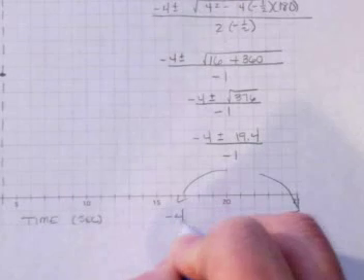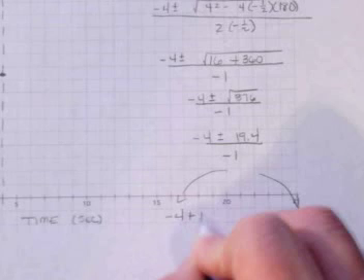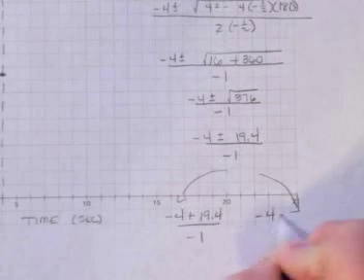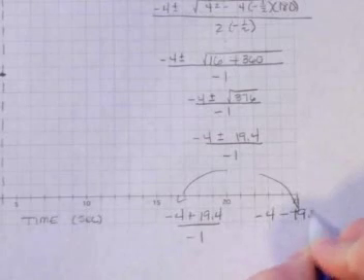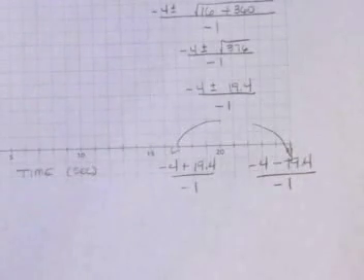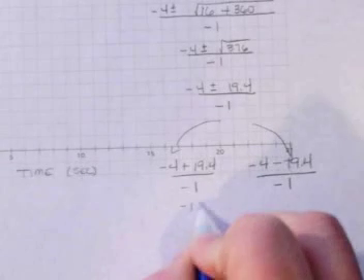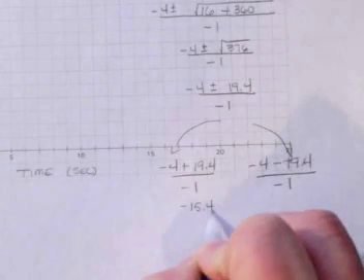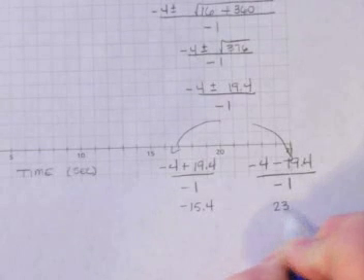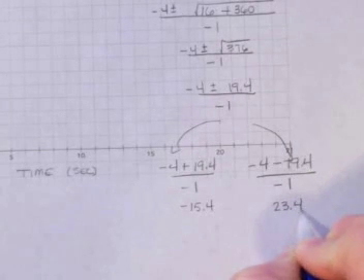I want to do negative 4 plus 19.4 over negative 1 and negative 4 minus 19.4 over negative 1. So this gives me negative 15.4, and this gives me a positive 23.4.